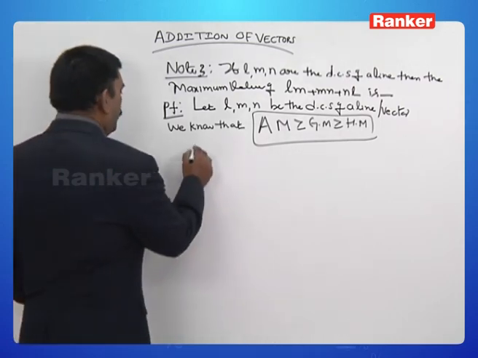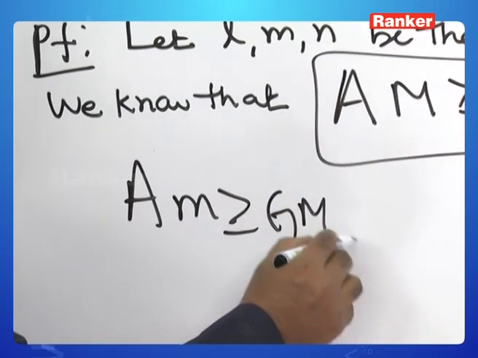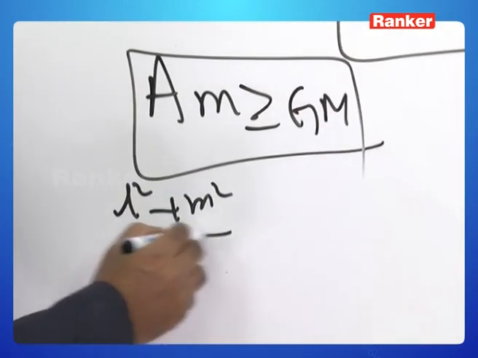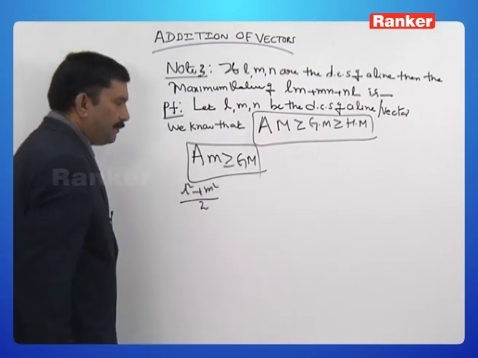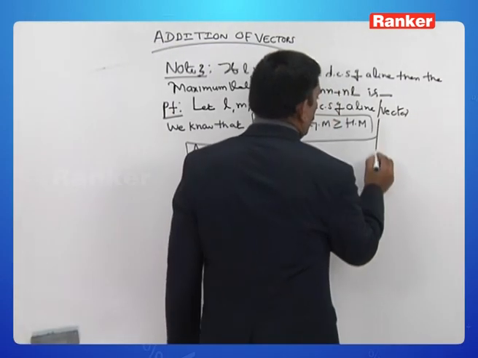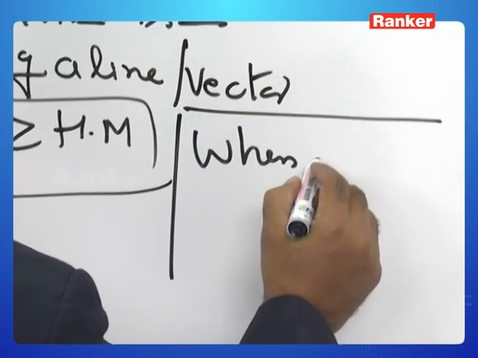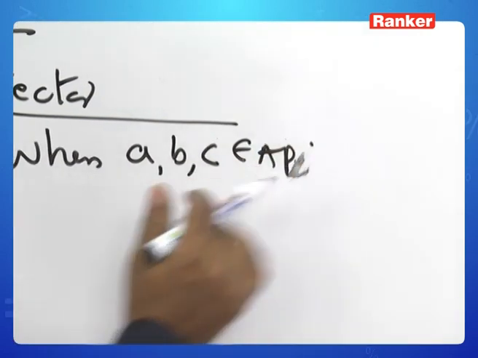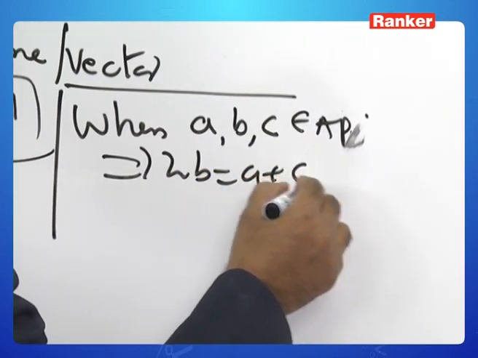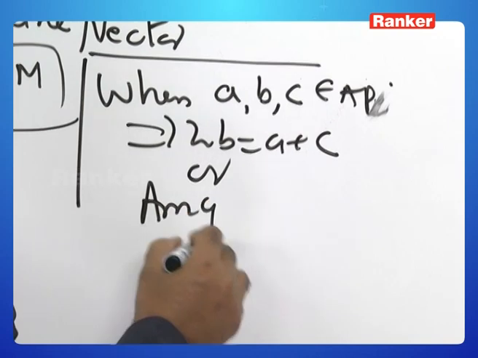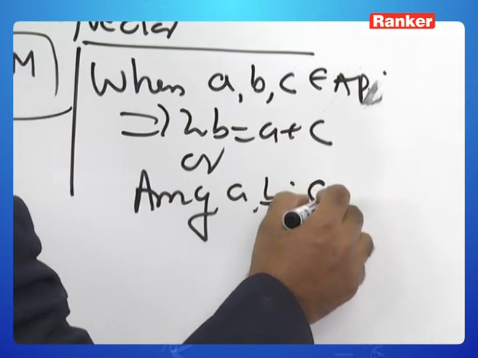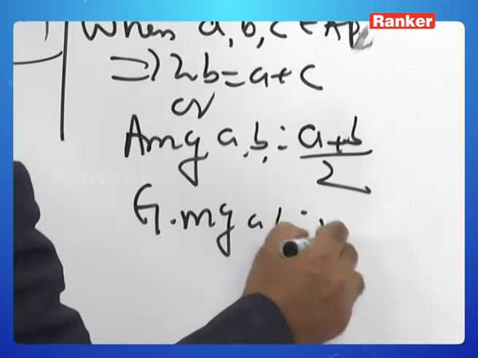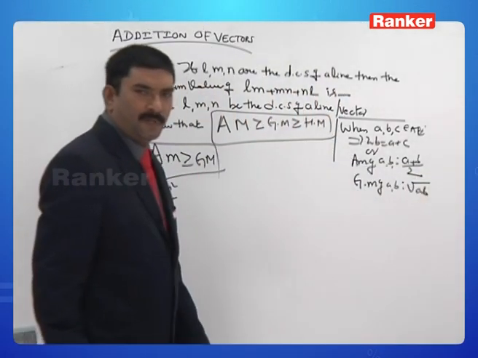So by using AM is greater than or equal to GM, students, you know already, when A, B, C belong to AP, which implies 2B equals A plus C, or AM of A, B is equal to (A+B)/2. GM of A, B is what? Square root of AB.